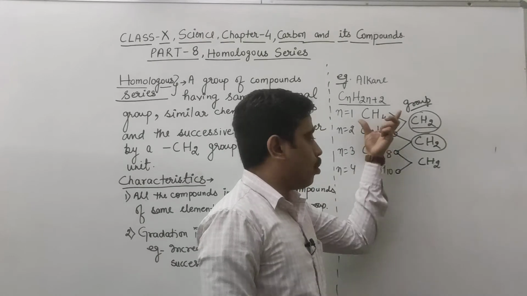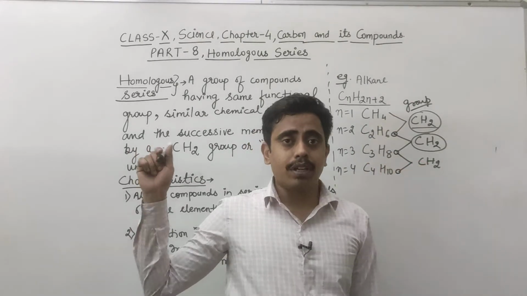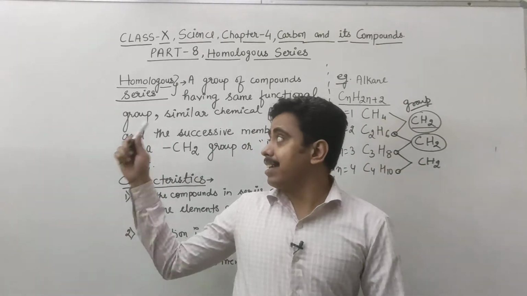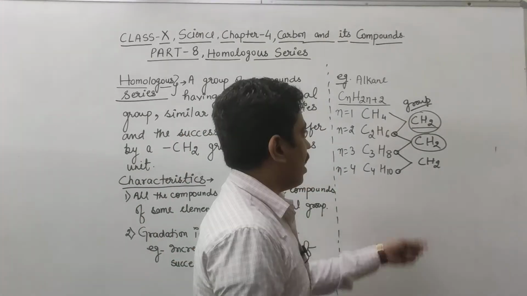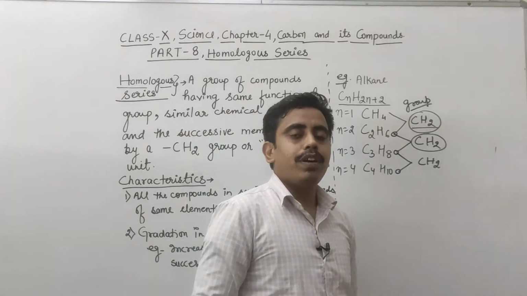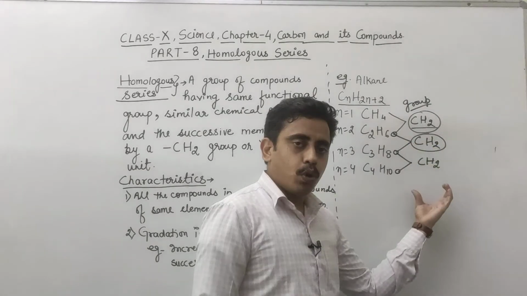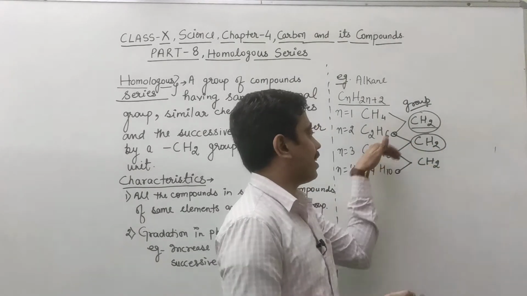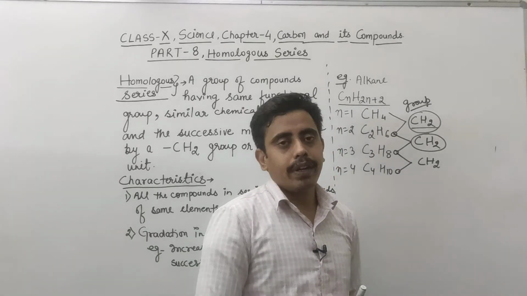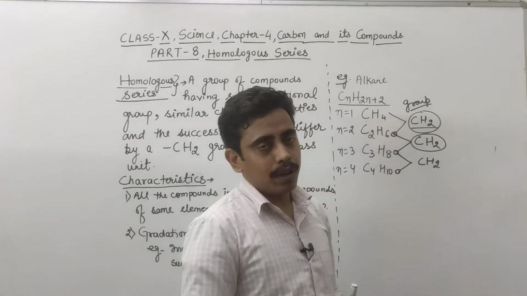So now you get the definition of the homologous series: a series of compounds in which there is a difference of a CH2 group in successive members is known as homologous series.